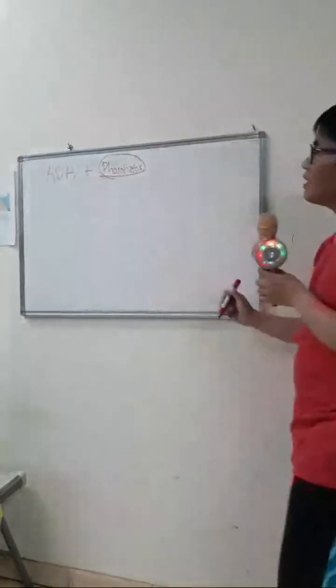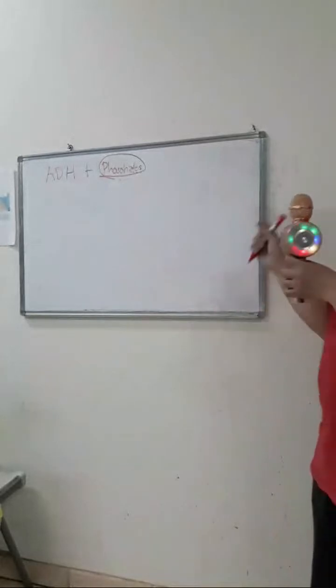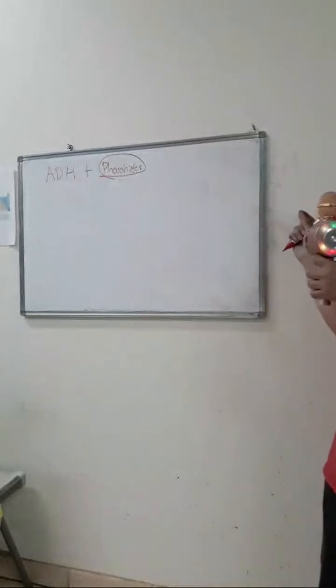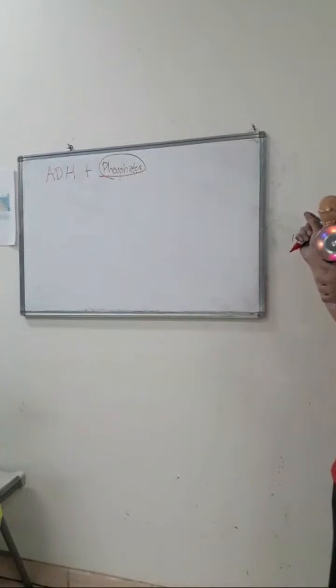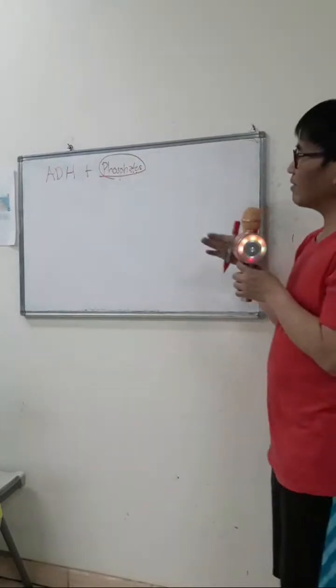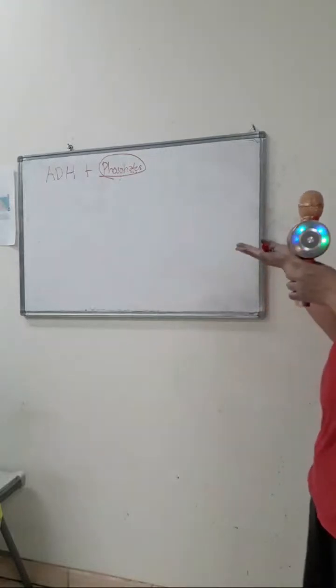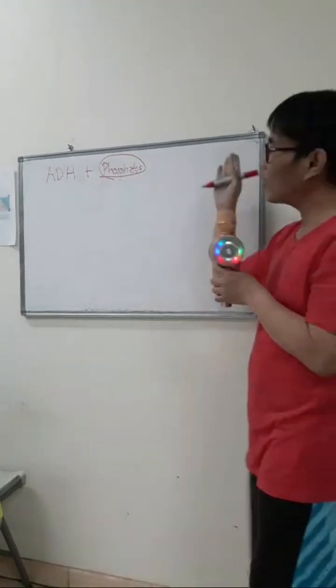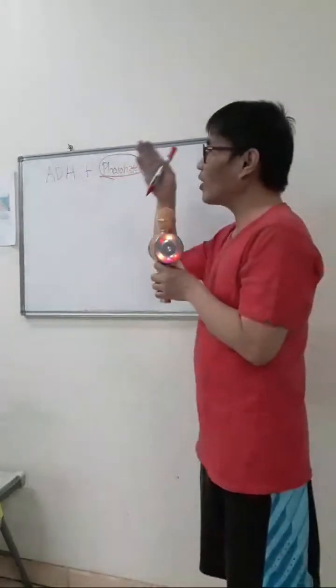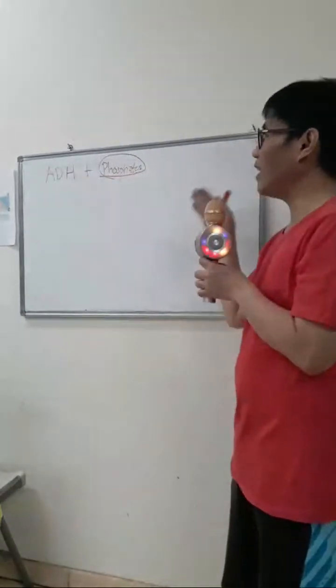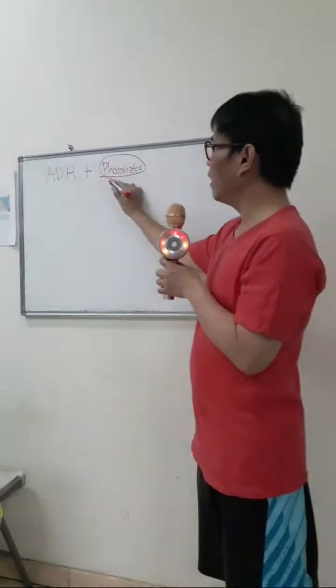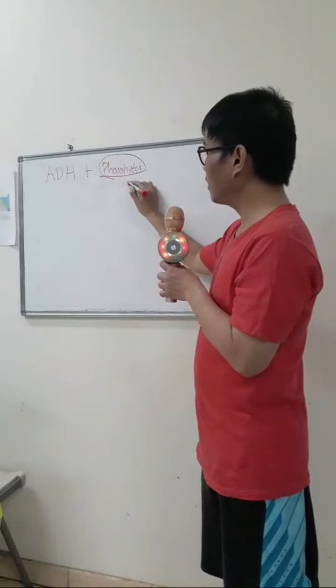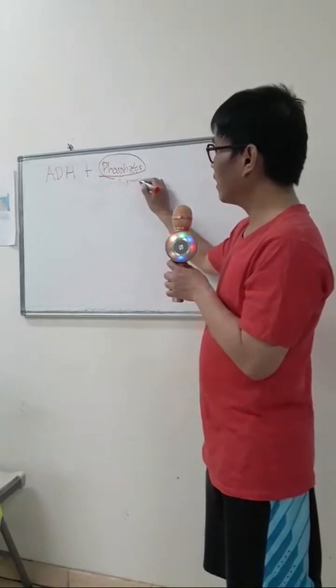If you find a substance that has -ate in the last letters of its name, it is inorganic. It doesn't always hold true, but that is usually inorganic. So we put the label inorganic phosphate to make sure.